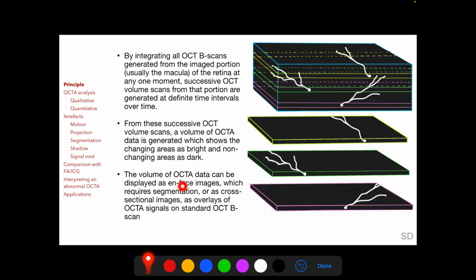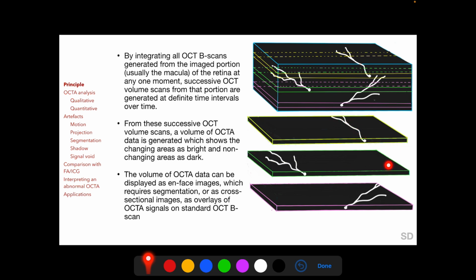So in-phase images are generated by segmenting the volume OCTA data, and this diagram represents the segmentation of the OCTA volume data with the segmentation zones represented by the yellow, green and pink rectangular cuboids. So this diagram shows the result of segmentation along this yellow rectangular cuboid which contains the image of this blood vessel, and thus the in-phase image generated from this segmentation contains the image of that blood vessel.